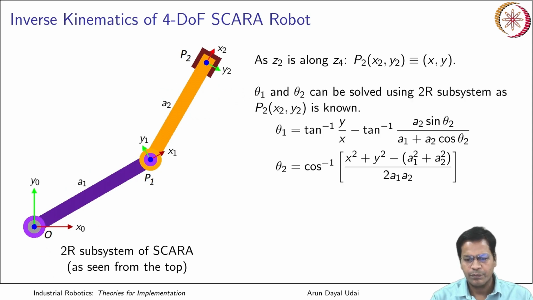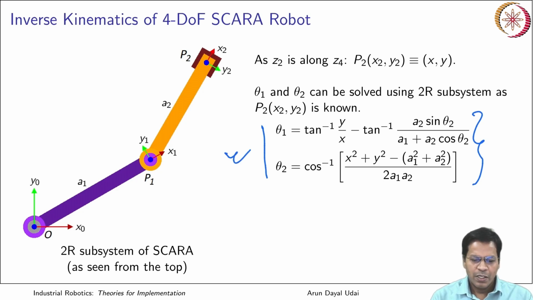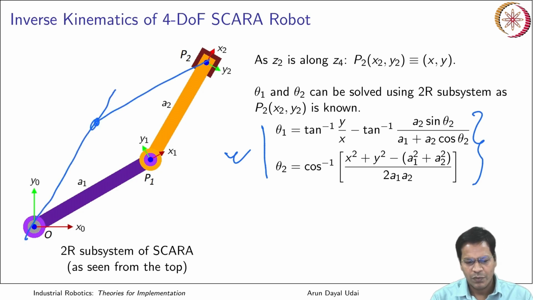So theta 1 and theta 2 can be found out from our earlier 2R solution that we did. I have just copied it from there. This has got two solutions. It can be like this, it can be like this.